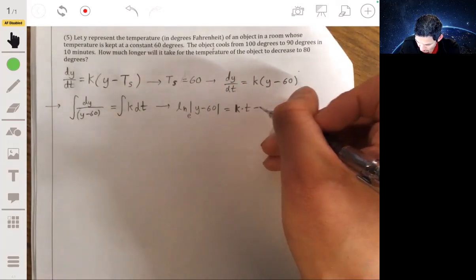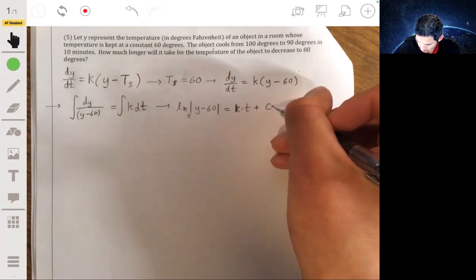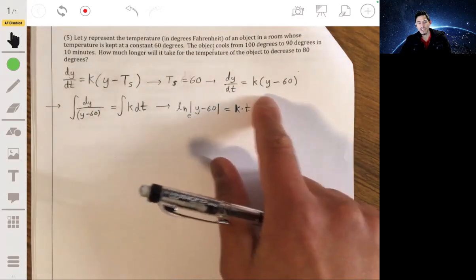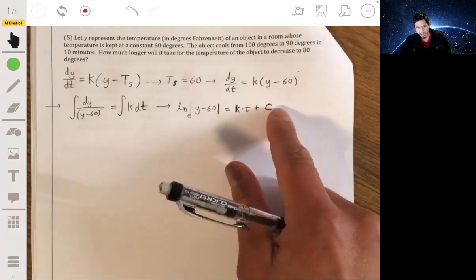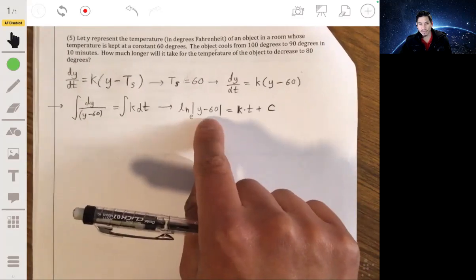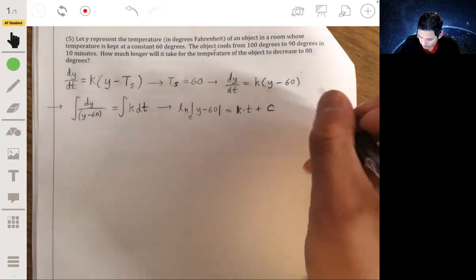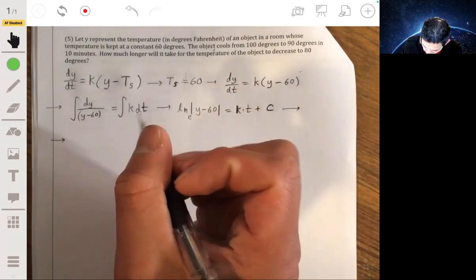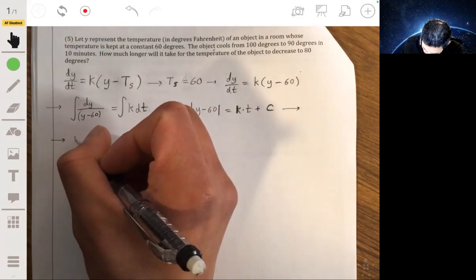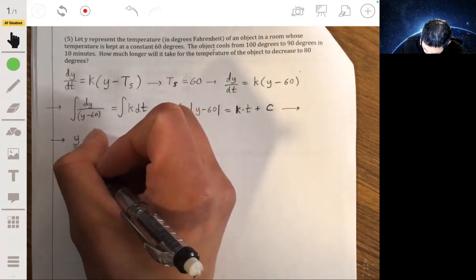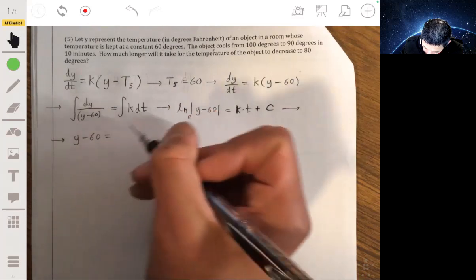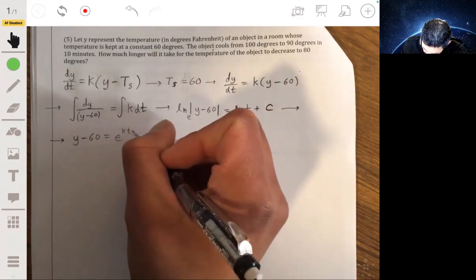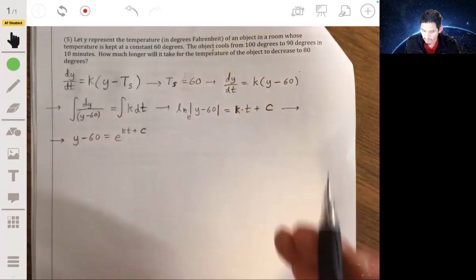And I almost forgot my constant, so let's put that plus c. So y minus 60 is equal to e to the (kt plus c).